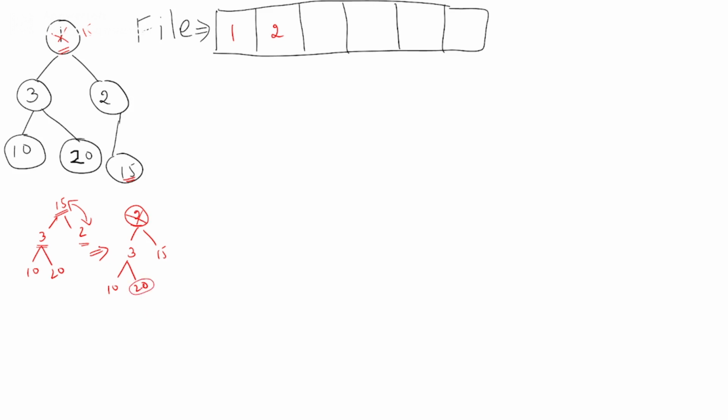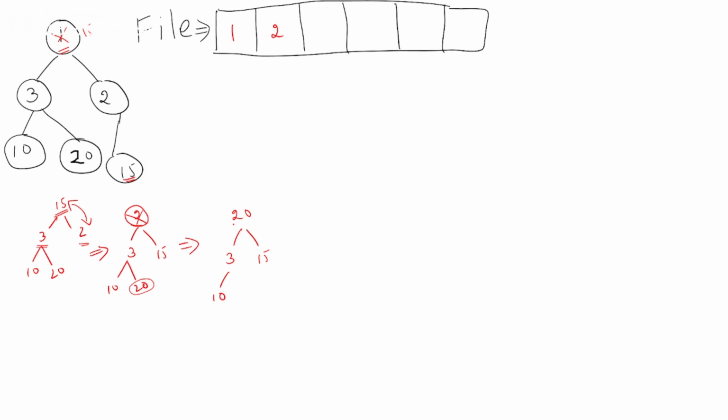The last element of this tree is 20. That will be swapped with the root element. So your tree will be like this now: 20, then you have 3, then you have 15, and then you have 10. The number of elements will be decremented by 1.